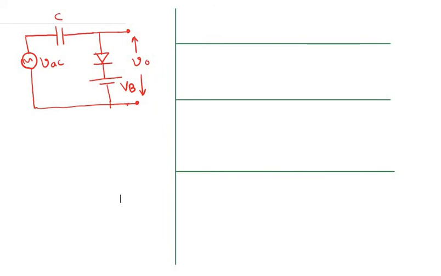Just like before, we have a sinusoidal signal, and as I stated, this horizontal axis is our time axis, and this axis is for the input voltage VAC, and we have a sinusoidal signal over here.